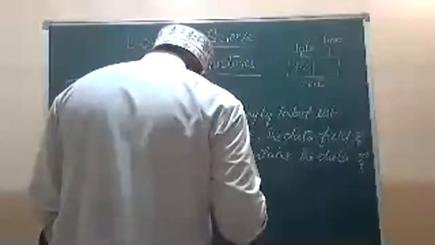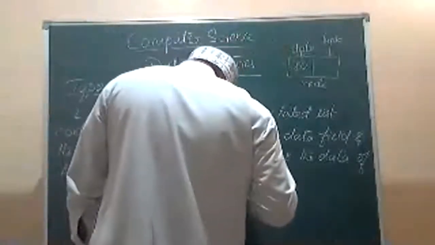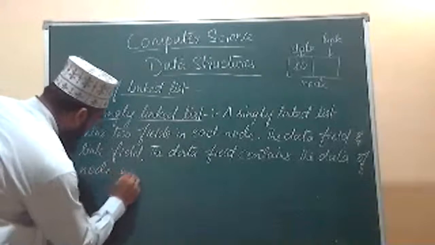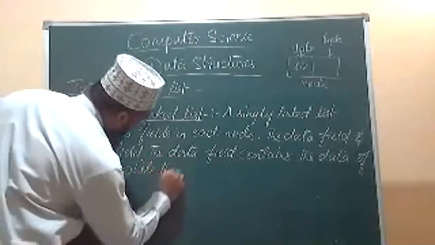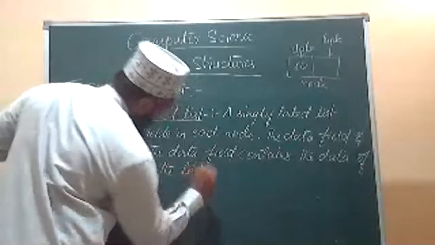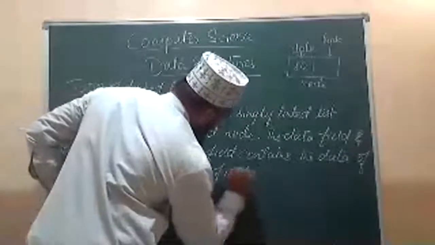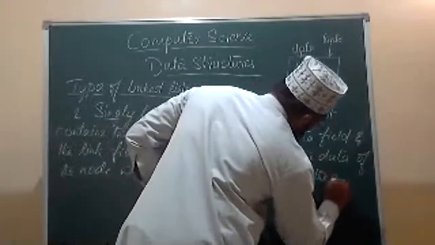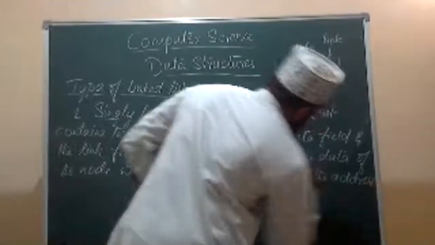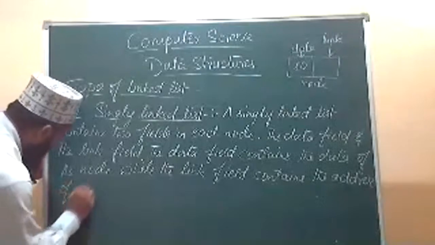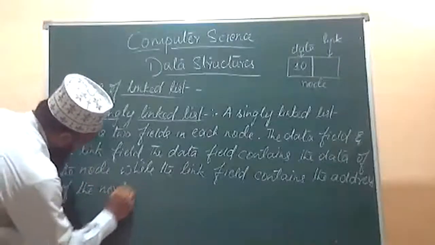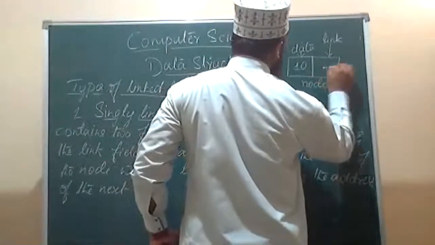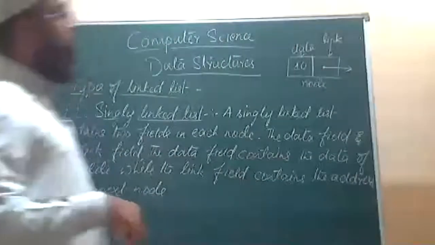Next, what will the link field contain? The link field contains the address of the next node.